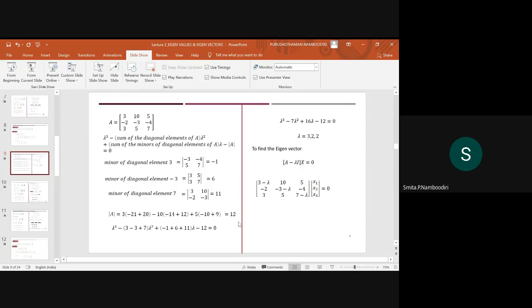The value is 12, right? Substituting all these values, the sum of the diagonal elements, that is 3 minus 3 plus 7, then the sum of the minors, and then minus determinant of A equal to 0. We have lambda cube minus 7 lambda square plus 16 lambda minus 12 equal to 0.